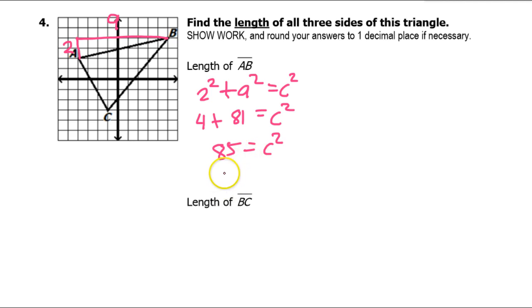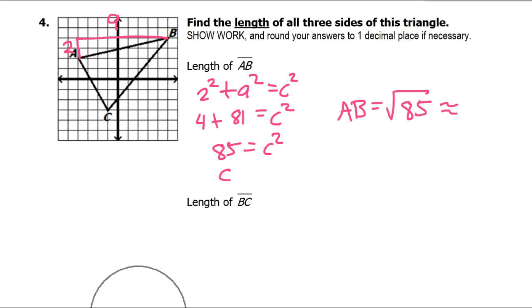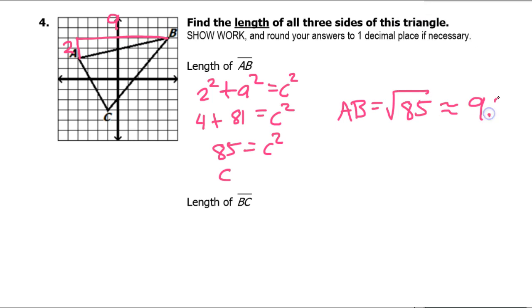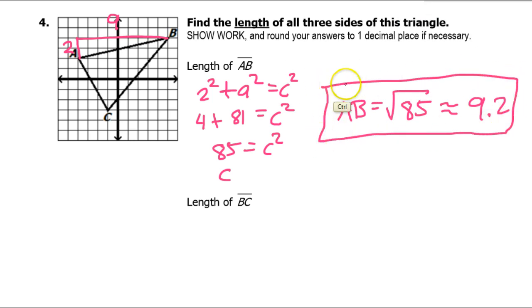So that means c is the square root of 85. I'll just go ahead and say AB is equal to the square root of 85, which is approximately, they say round to 1 decimal place if necessary, so the square root of 85 as a decimal is about 9.2. Let's hang on to that information.